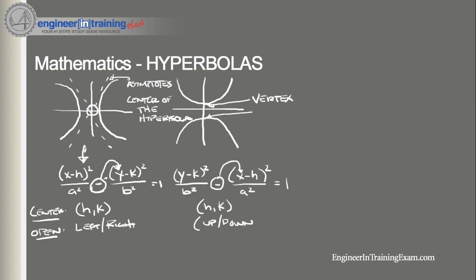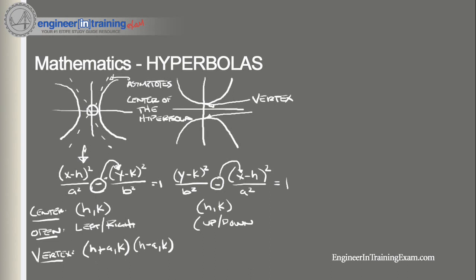The next thing we can do is define where the vertices are, both of them. In the one that opens left and right, they're going to be located at (h plus a, k) and (h minus a, k).